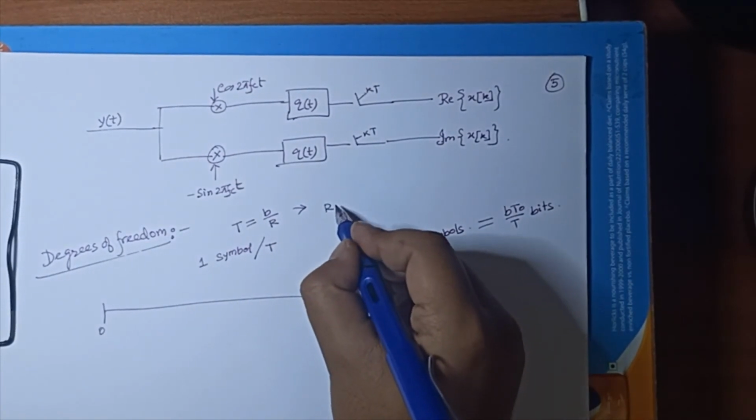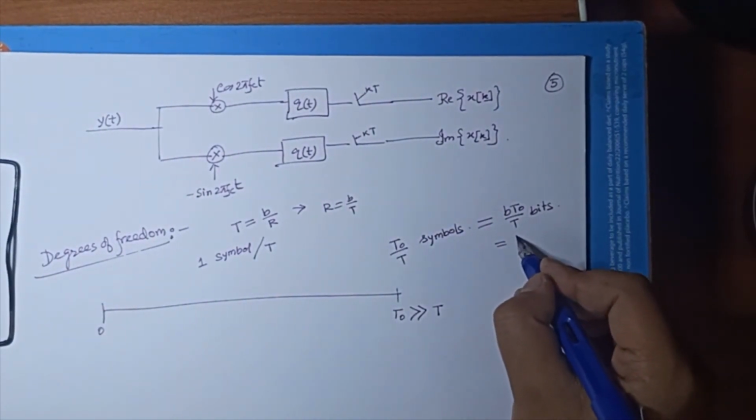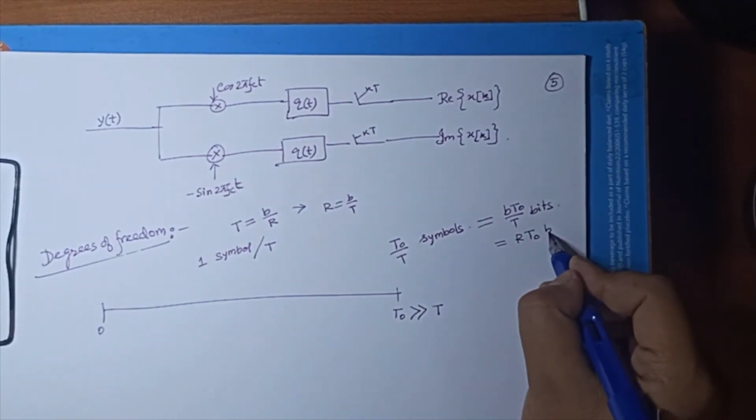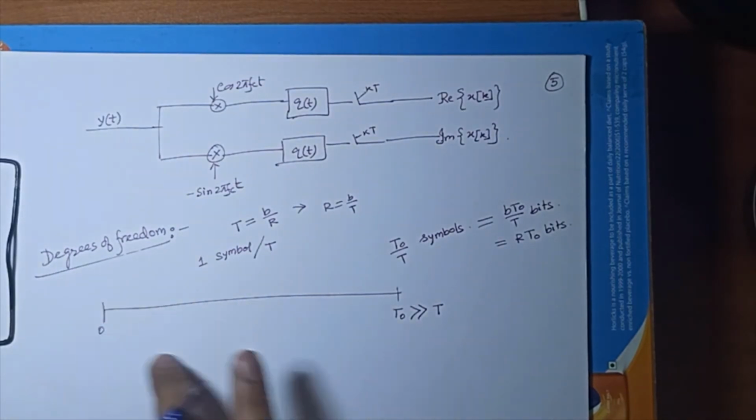So R is equal to b by T. So this is basically R T0. So many bits you are getting in T0, isn't it?